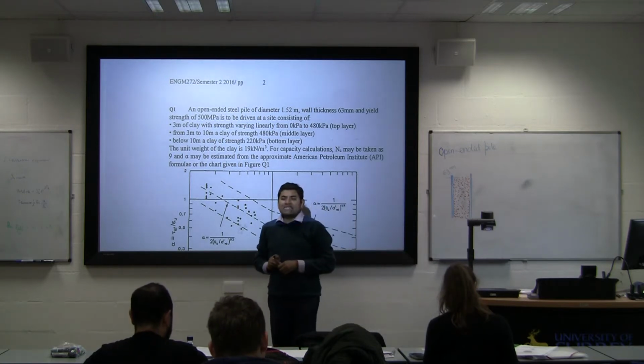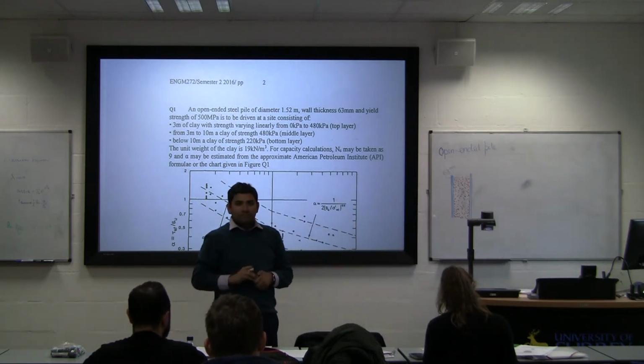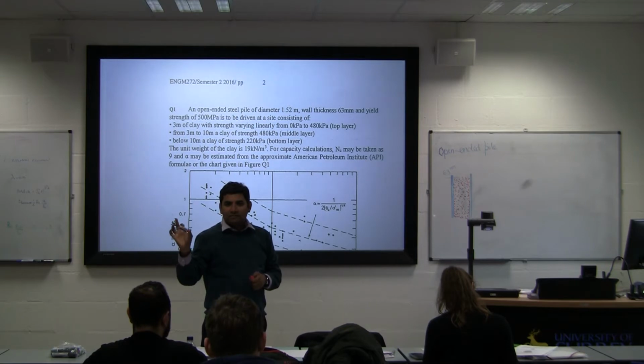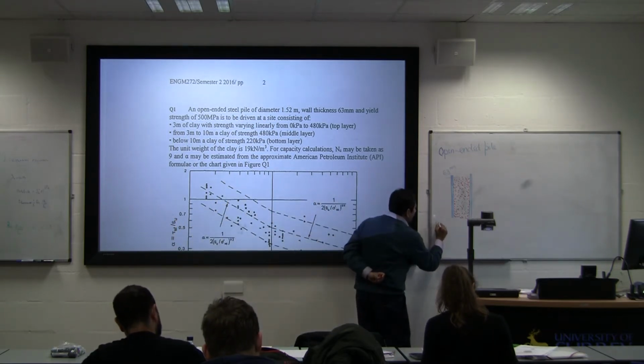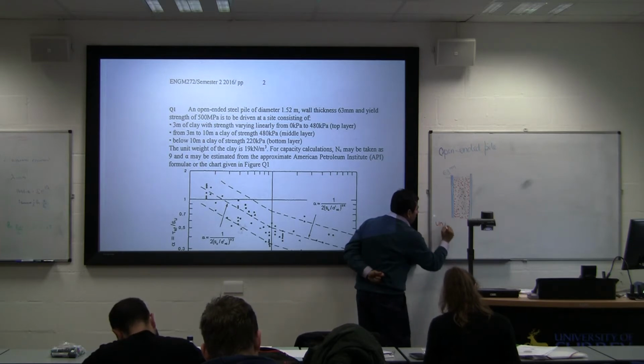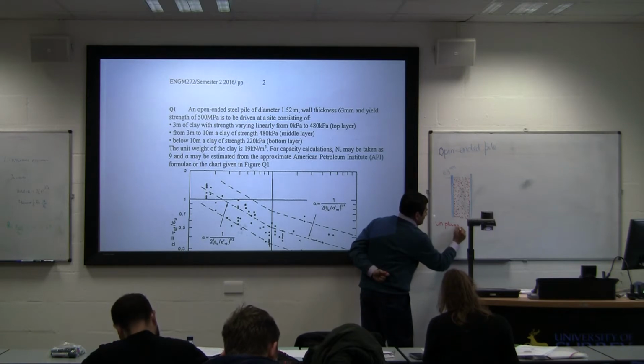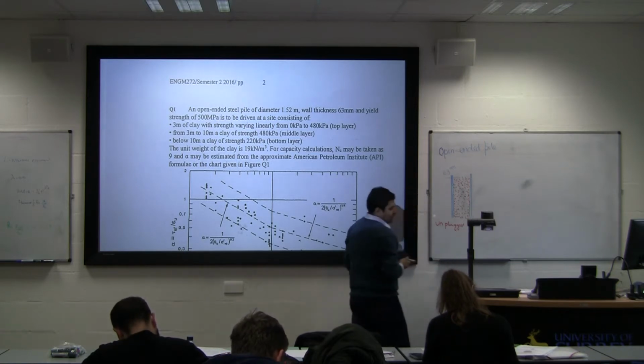What is this case called? Plugged or unplugged? Unplugged. So this case is an unplugged pile. So unplugged means there is no plug in the pile. It doesn't form a plug.